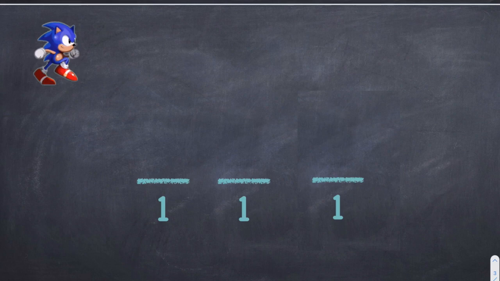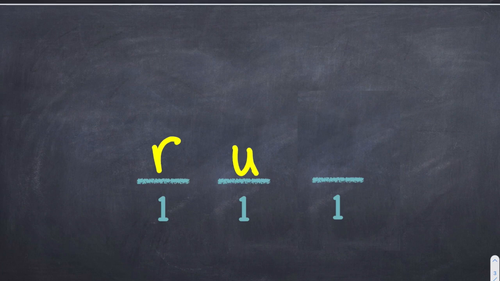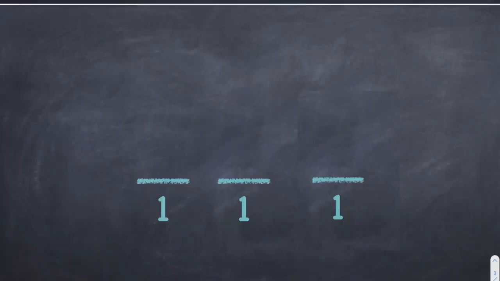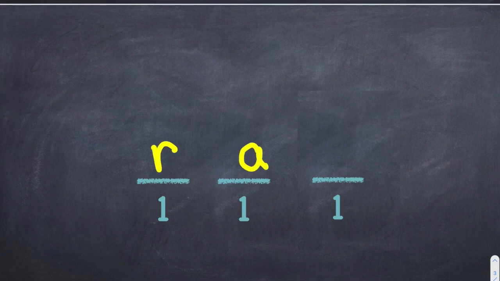All right, my turn. R, U, mouth is apart, and it's going to be the letter N. Last word in the CVCs, ran. Ran. Go ahead. All right, my turn. R, A, N.